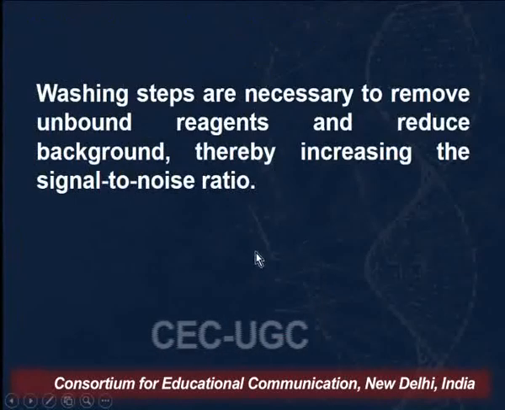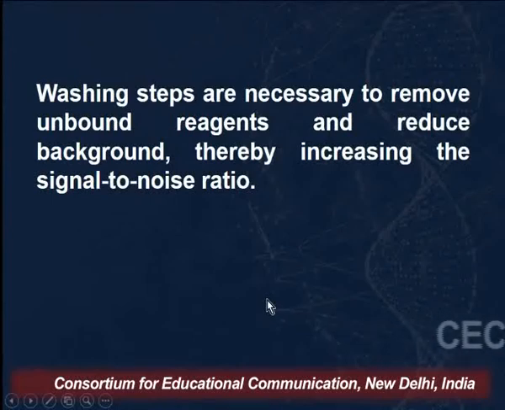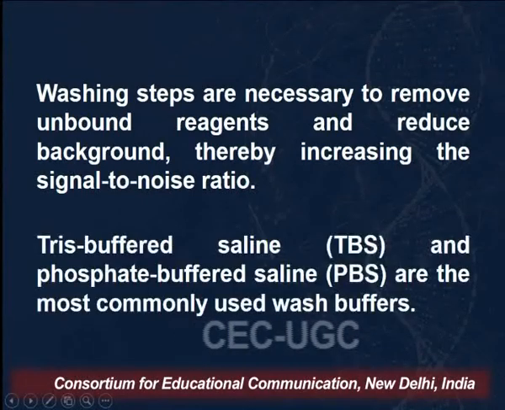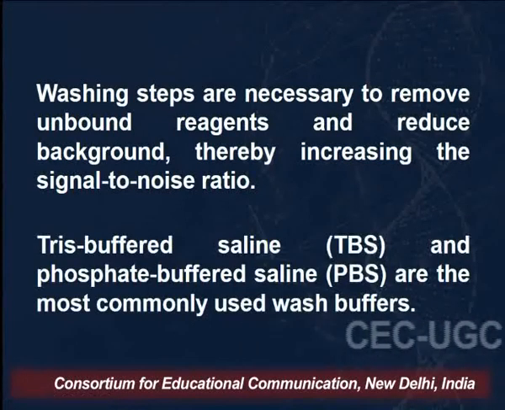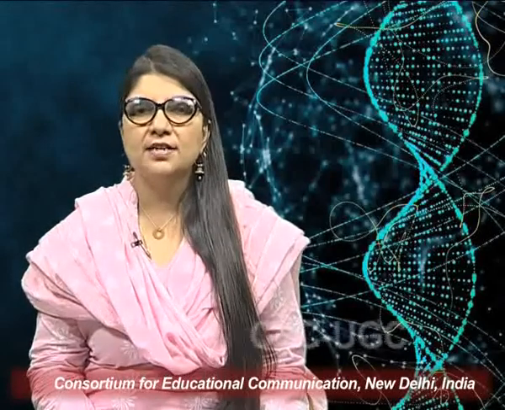Then comes the part of washing. Washing steps are very necessary to remove any unbound reagents and reduce the background, thereby increasing the signal to noise ratio. Tris-buffered saline and phosphate buffered saline are the most commonly used wash buffers. We have to give multiple washing steps, so that any excess amount of BSA, serum, etc. gets removed and only the necessary amount remains.